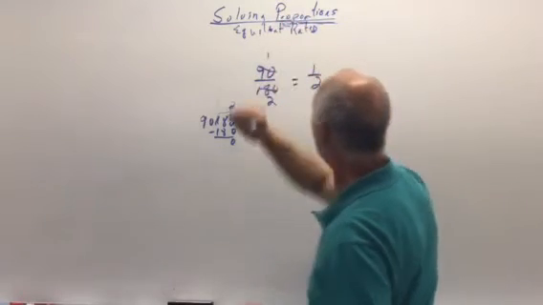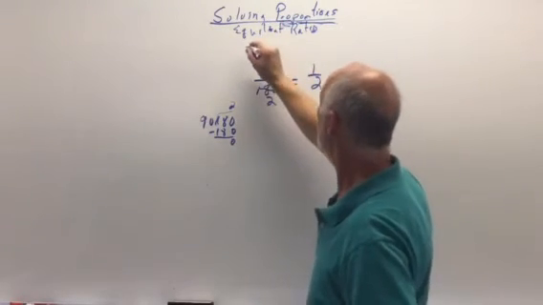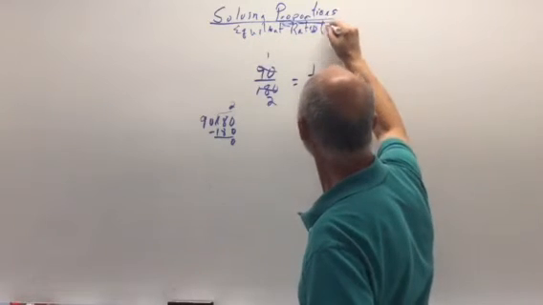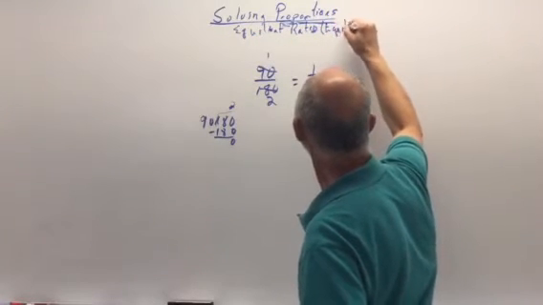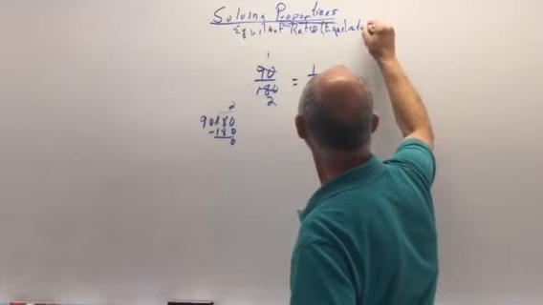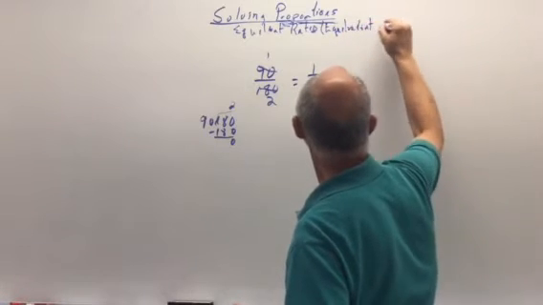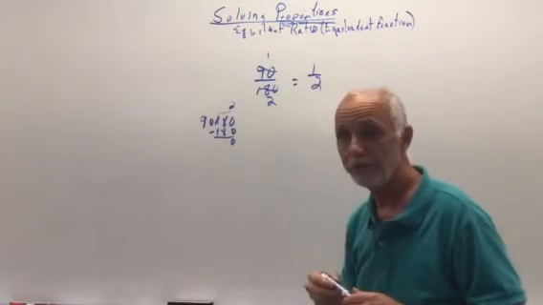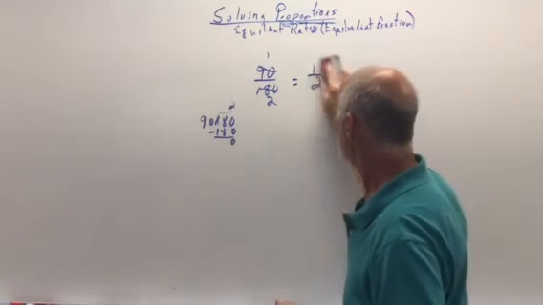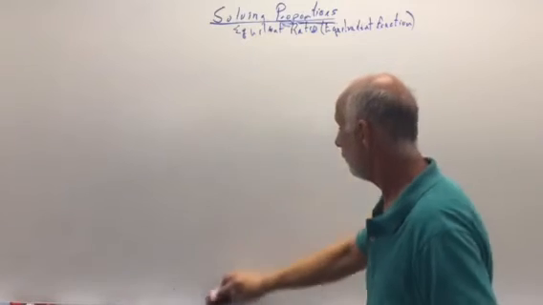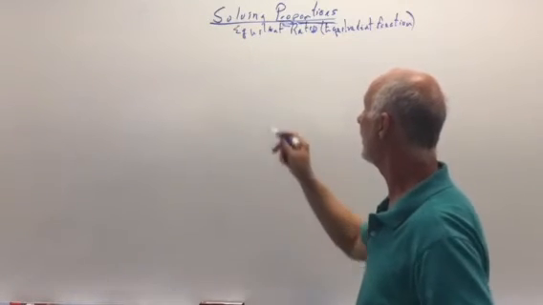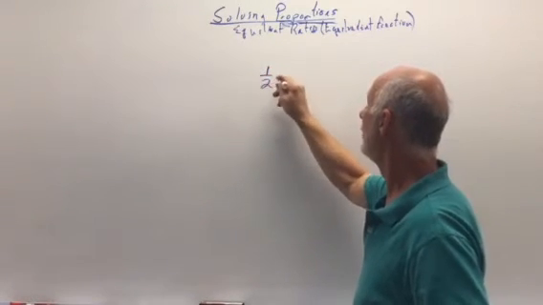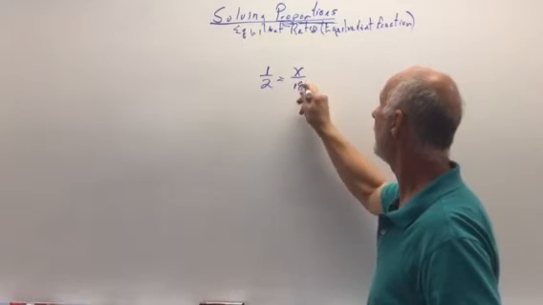And remember, ratios can be written as fractions, so that boils down to mean equivalent fractions. And we dealt with equivalent fractions when you were in 5th grade. If you remember, when we were dealing with equivalent fractions, we'd have a problem that says something like this: 1 over 2 equals x over 180.